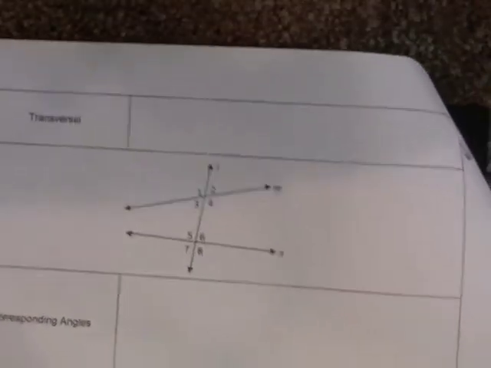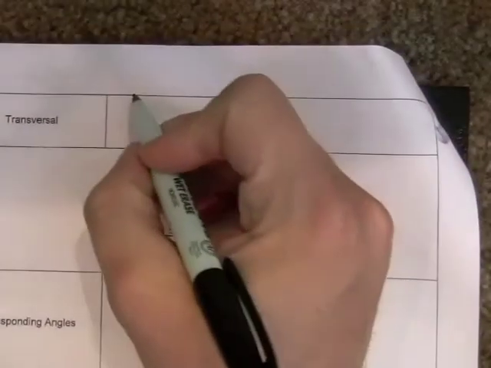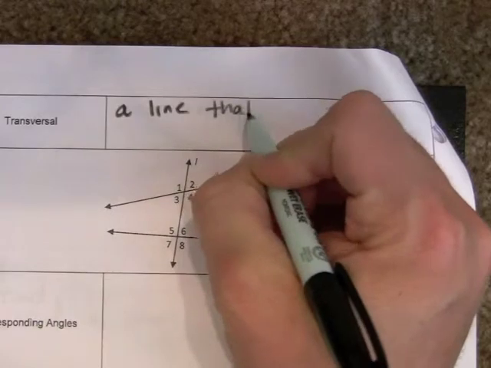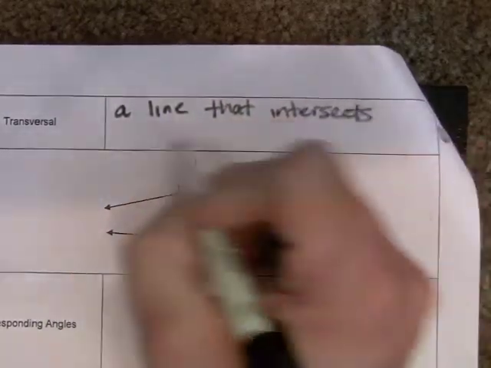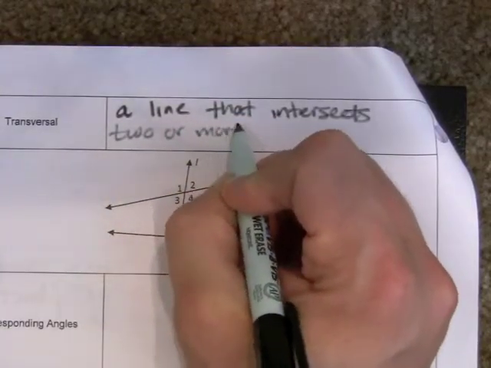Flipping over to the back side there, transversal. Okay, so a transversal is when you have a line that intersects two or more lines.